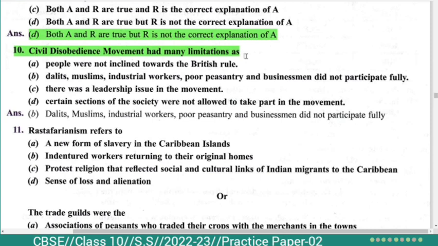D. Certain sections of the society were not allowed to take part in the movement. Here the correct answer is option B. Civil disobedience movement had many limitations as Dalits, Muslims, industrial workers, poor peasantry and businessmen did not participate fully.